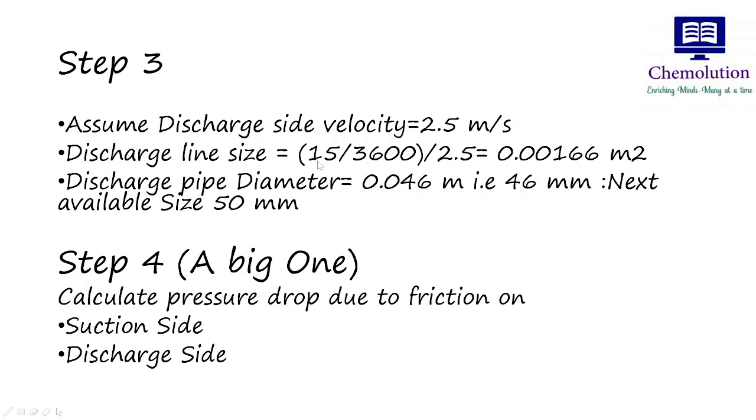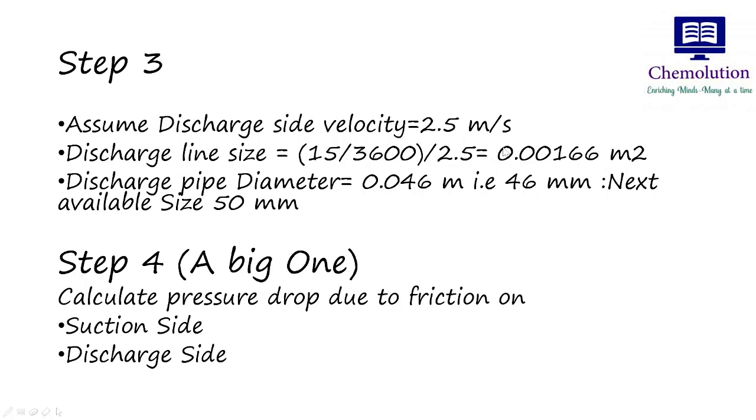So for the discharge line size, again we will apply the continuity equation. This is Q, our flow rate in meter cube per second, divided by this velocity. We got a cross section area, and now we will equate this cross section area, and we will find out the diameter of the pipe. So pi by 4 d square is the equation for calculating the area.